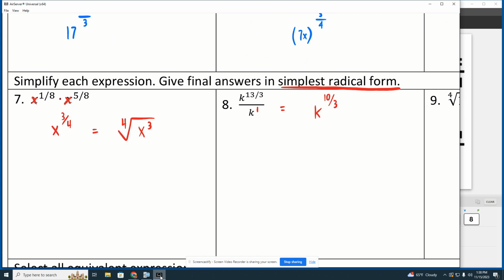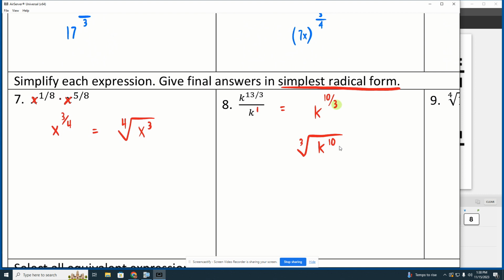So there it is. I can't break down 10 thirds, so I'm going to go ahead and rewrite this as a radical. Remember, the denominator is your root, so that's the cube root of k to the 10th. Now, is this one in simplest radical form? No, because 3 will go into 10. It'll go in there 3 times.